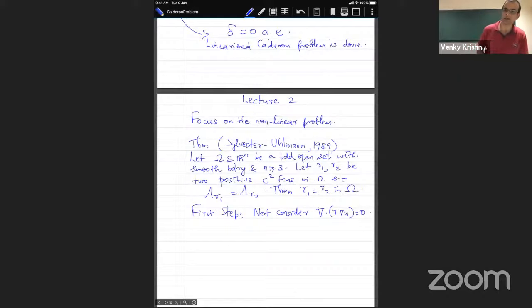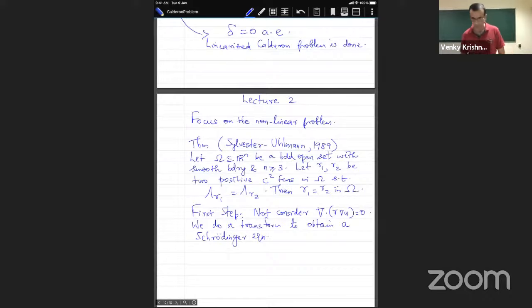We actually want to consider a perturbation of the Laplacian. So we do a transformation to obtain a Schrodinger equation. What is it that we do?